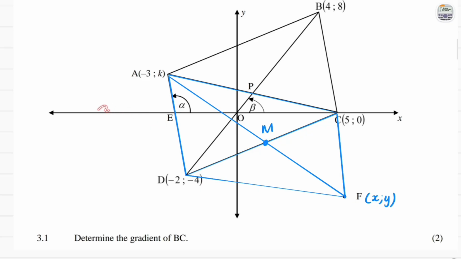We can draw a line parallel to the x-axis at the point where angle EDO is created, which is at this point over here. So we can better understand how to find this angle.